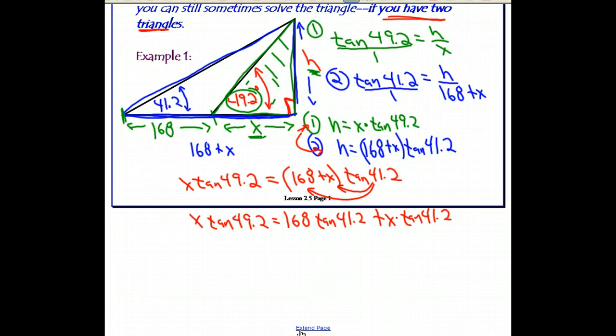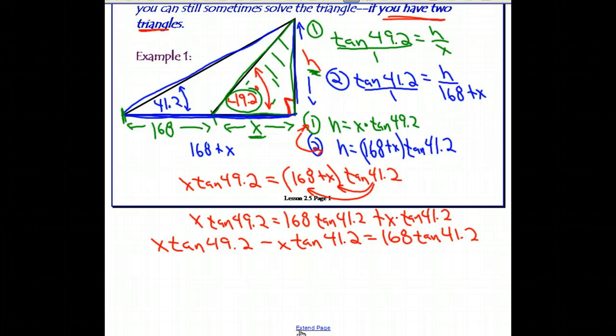All right, get all our x's on one side. Let's get them on the left side. So I've got x tangent 49.2. I'll bring over the other one, so minus x tangent 41.2. Those point twos are a little annoying. And what does it equal? 168 tangent 41.2.